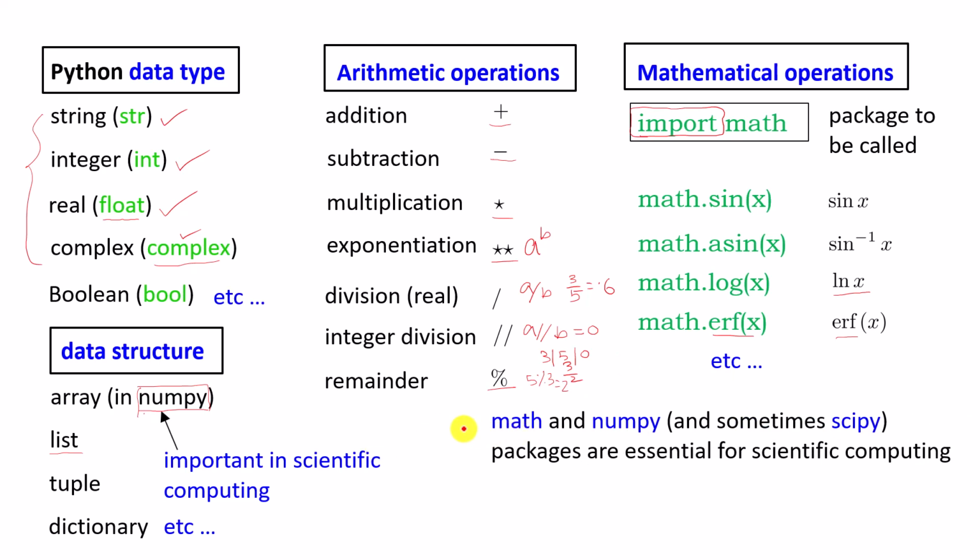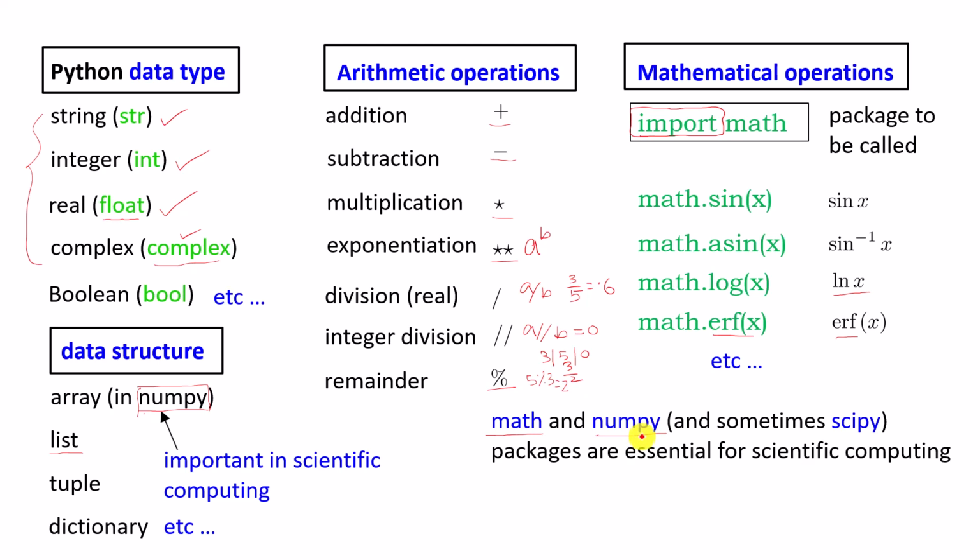So what are the most important packages in scientific computing then? First, of course, is the math package. And then you will see, not in this lecture, but subsequently, that the NumPy package will be very handy for us in mathematical calculation.